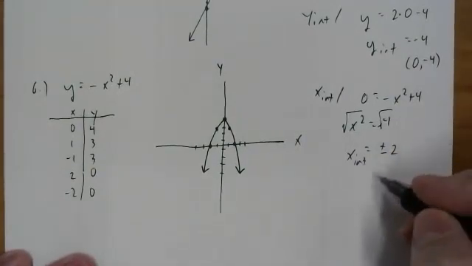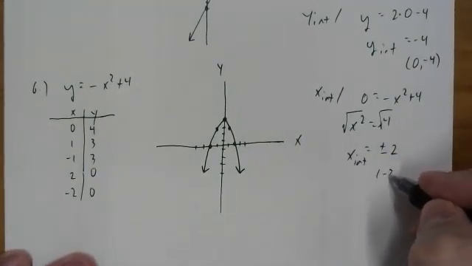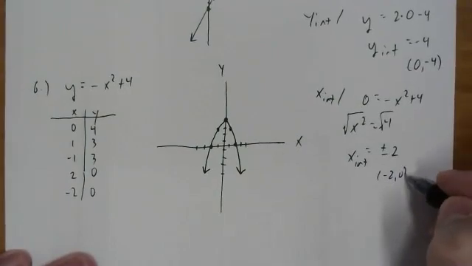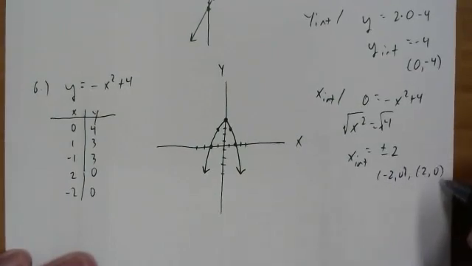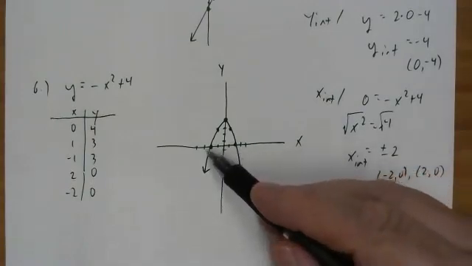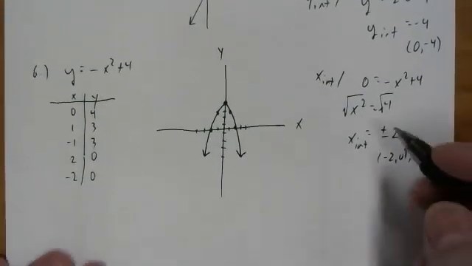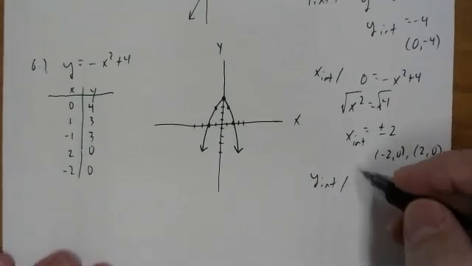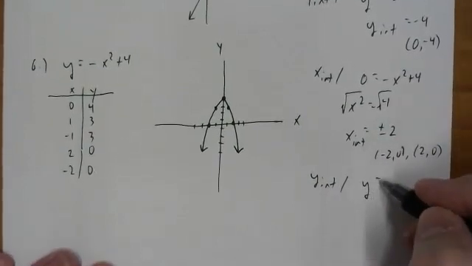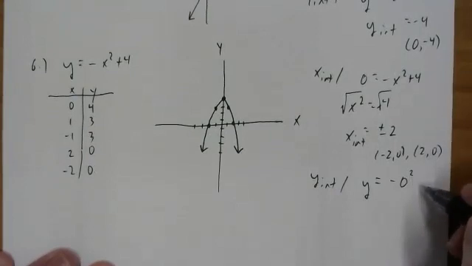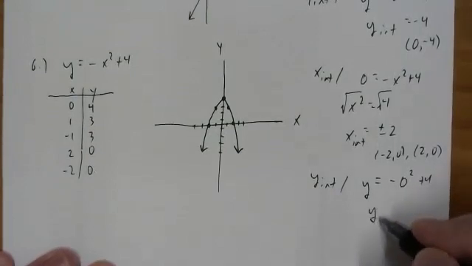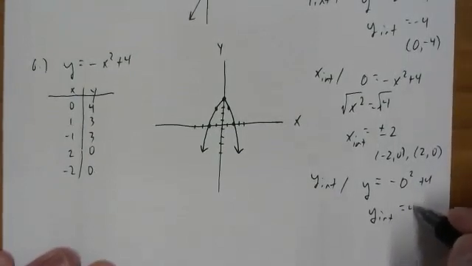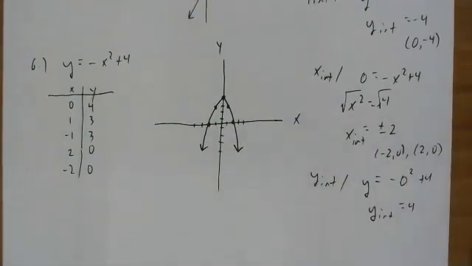So there are 2 intercepts, which looks about right. So for the y-intercept, set x equal to 0. And there you go.